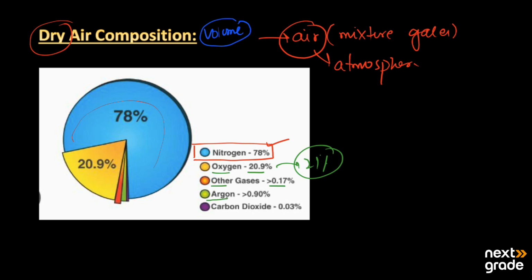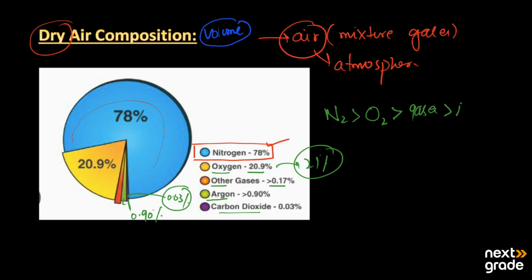We have the gas argon, its percentage is almost 0.90%. And we have carbon dioxide, its percentage is almost 0.03%, which is very little. So on the whole, nitrogen is more in concentration as compared to oxygen. Then we have the other gases, which are very small in amount.